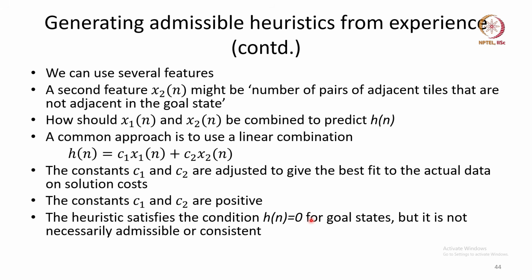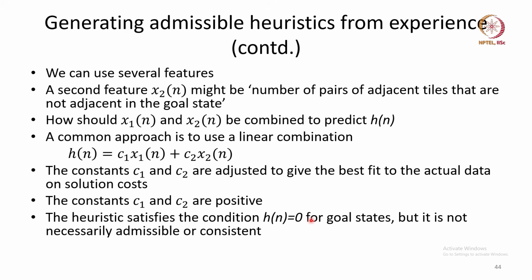Suppose we have features x1, x2, and so on. Let's consider just 2 features, x1 and x2. If you have 2 features, you can combine them by using weights or constants c1 and c2. So we can say h(n) equals c1 x1 plus c2 x2.